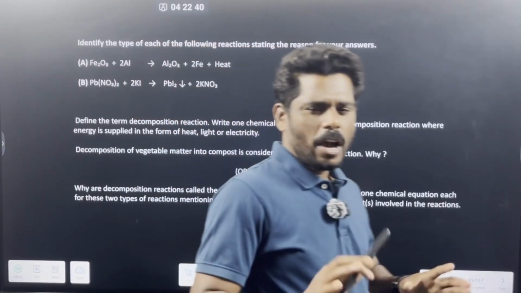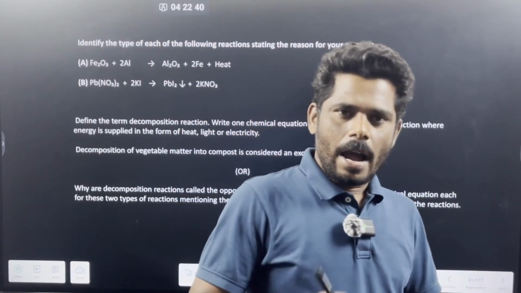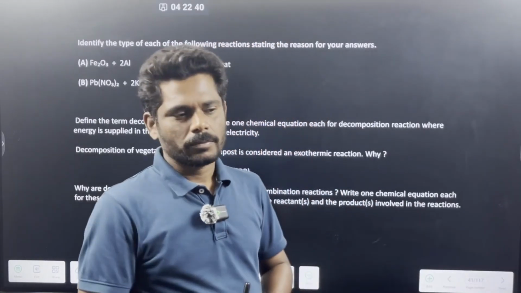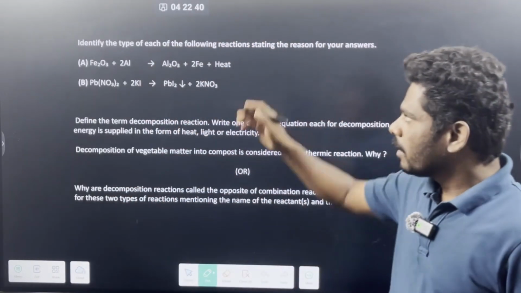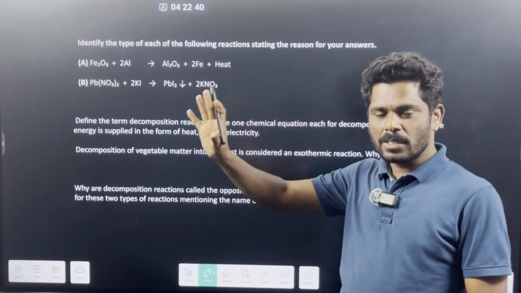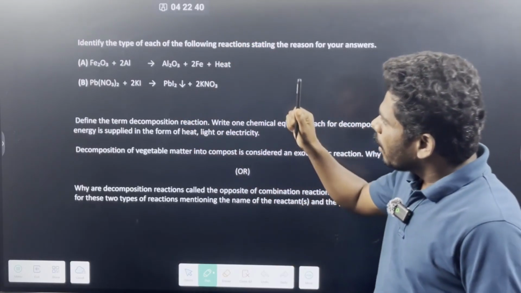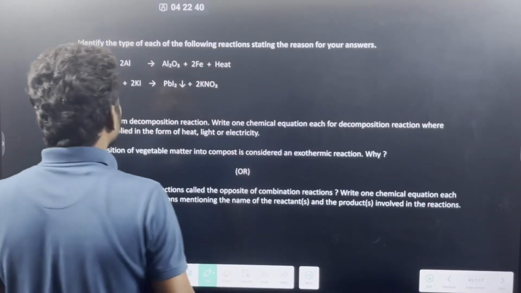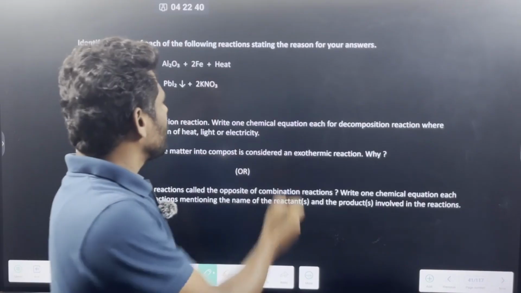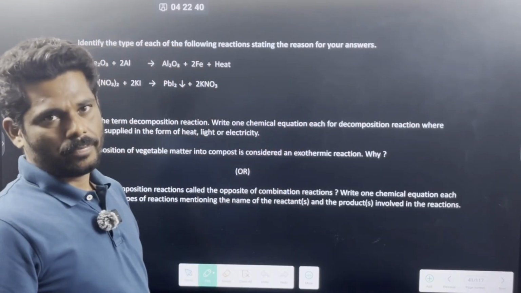Now, till now we have been talking about what a chemical reaction is, indicators of a chemical reaction, what a chemical equation is, the need to balance the equation, and we have seen the different steps and tricks to balance the chemical equation. Now this is the tricky question on the board. Identify the type of each of the following reactions, stating the reason for your answer.